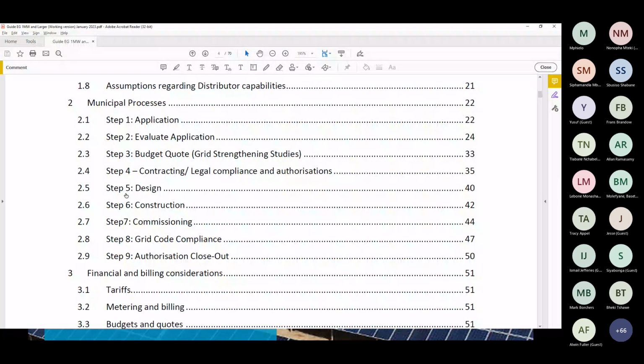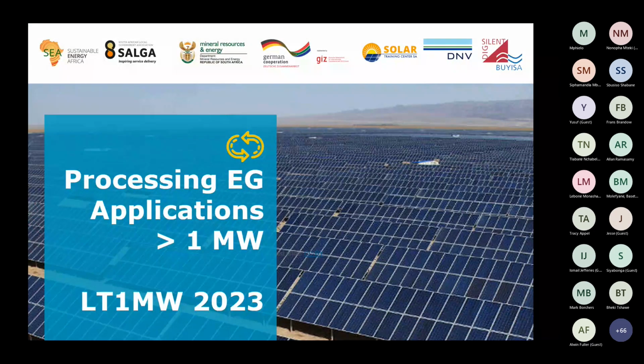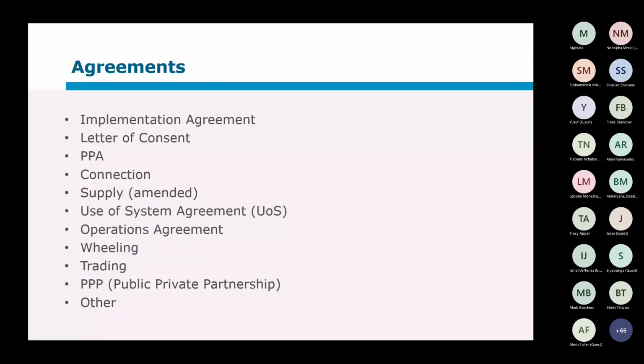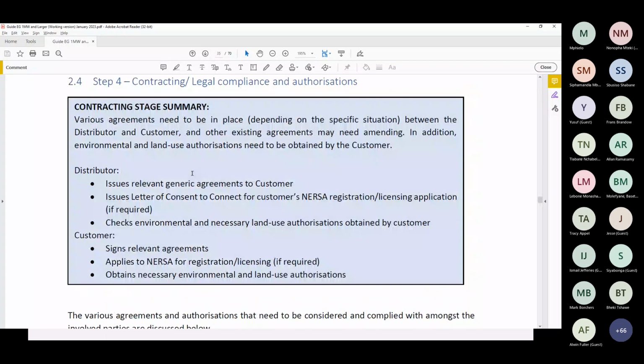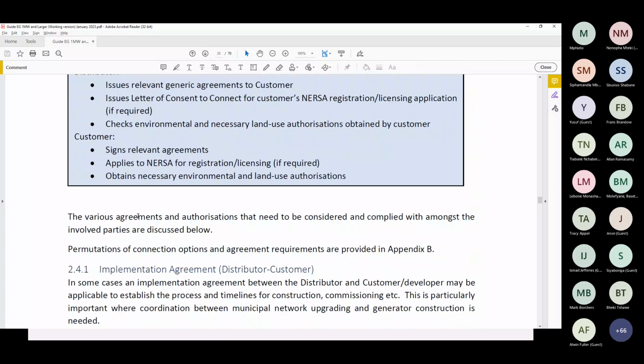We've done 1, 2, and 3 yesterday, so now I would just like to talk a little bit about some of the contracts. So in the document, if we go to the contracts, so this 2.4, you will see there's a whole list of short bits and pieces for all of these contracts.